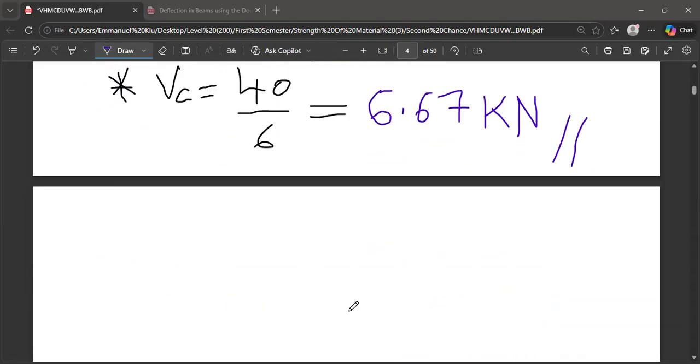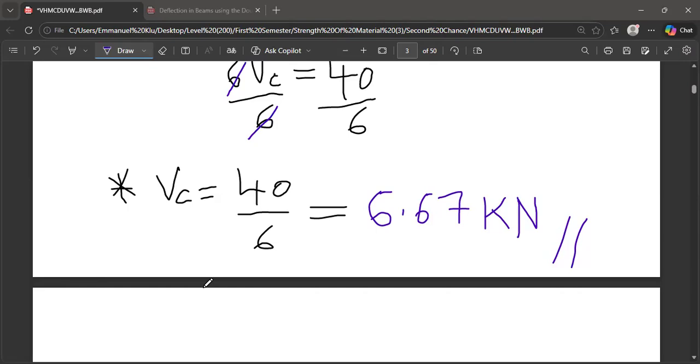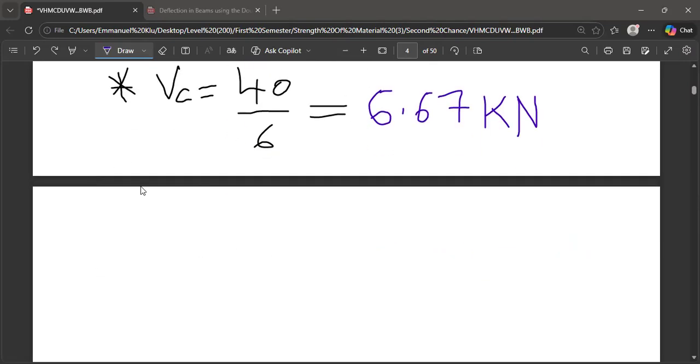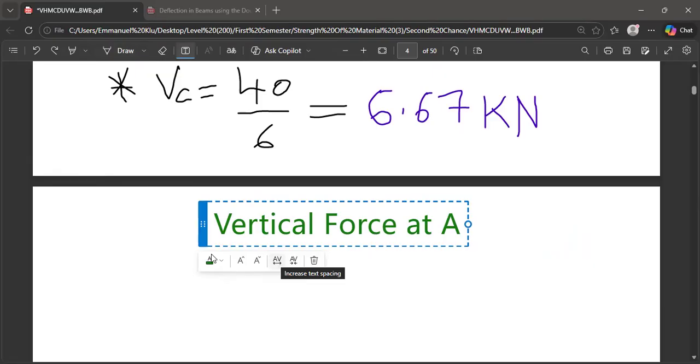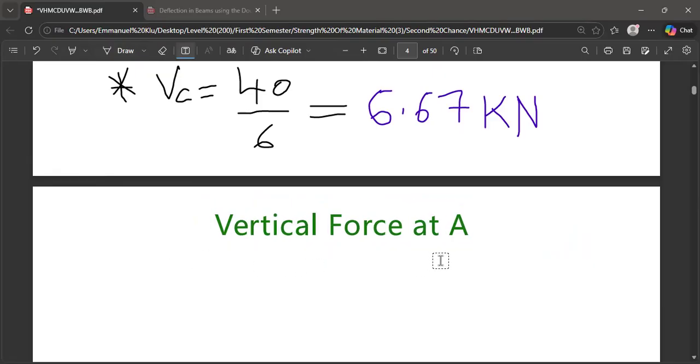Okay. Let's also go and calculate the vertical force at A. So over here, this is our vertical force at A. Exactly.